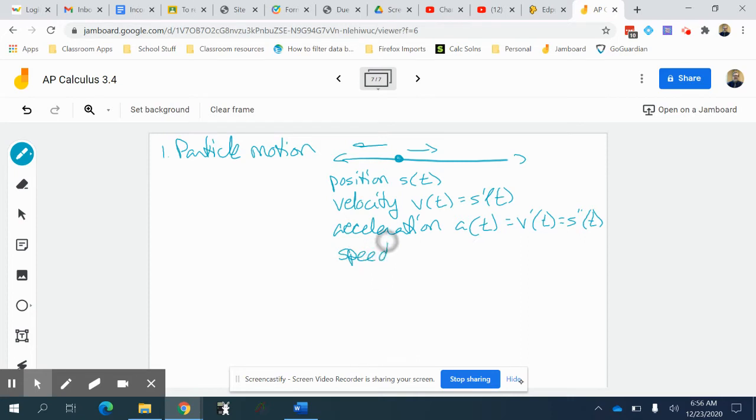You could also have speed, which is defined as the absolute value of the velocity. In other words, how fast is it going, regardless of direction. And displacement, how far has something moved. And remember, it's always final position minus its initial value.